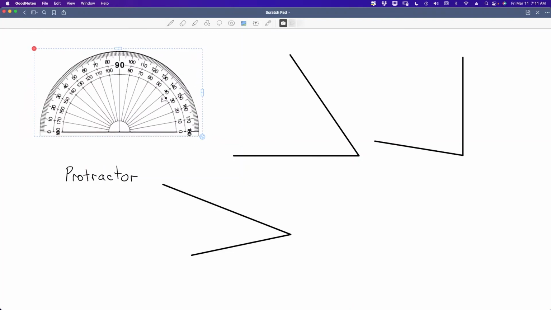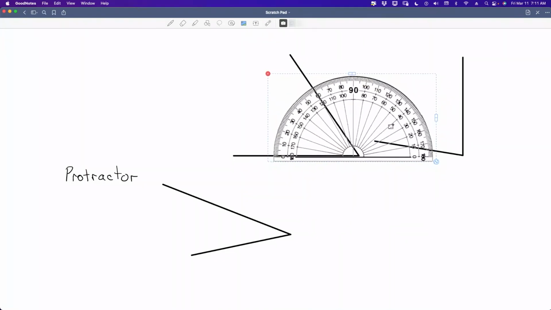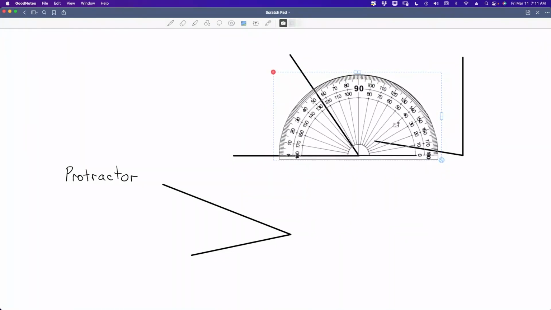All right, so I'm going to take this one and I'm going to line it up on the vertex on the bottom here. And you can see before we were measuring from this 0 on the inside around, when you measure from the left, when the angle opens to the left, now we use this measurement. All right, we start with a 0 on the outside.